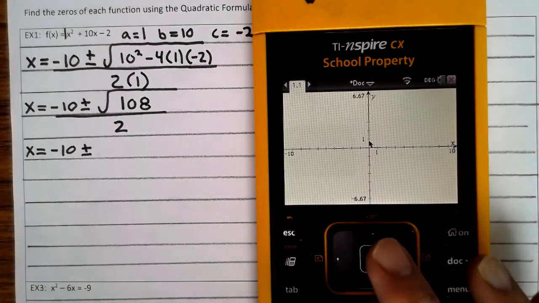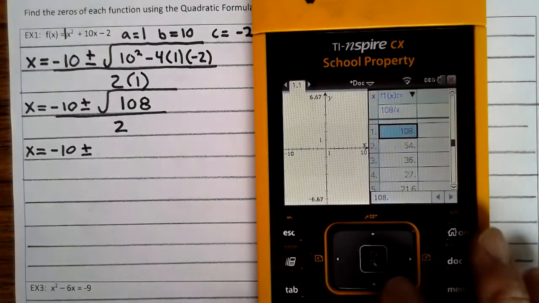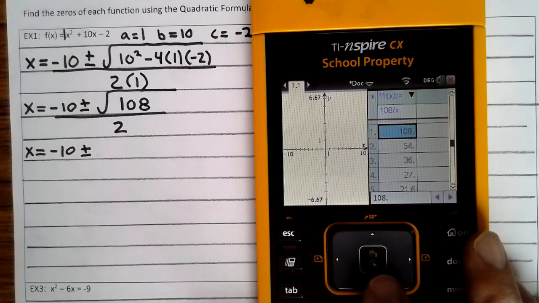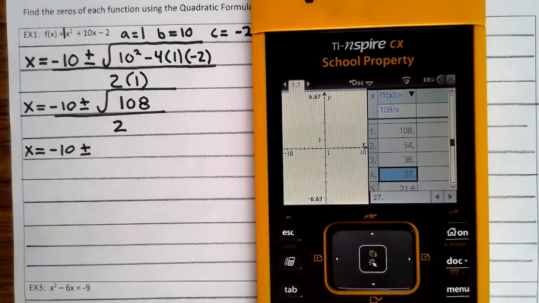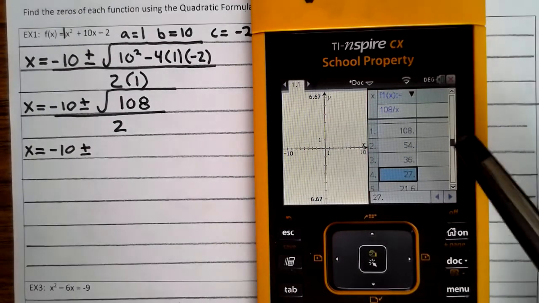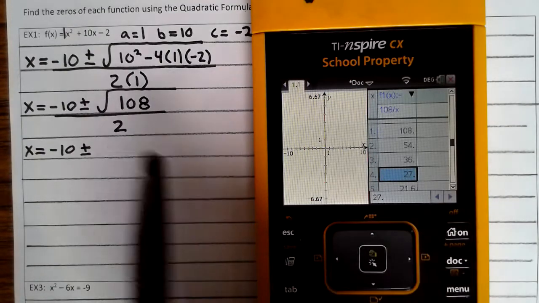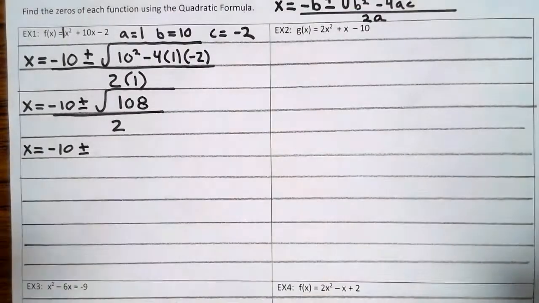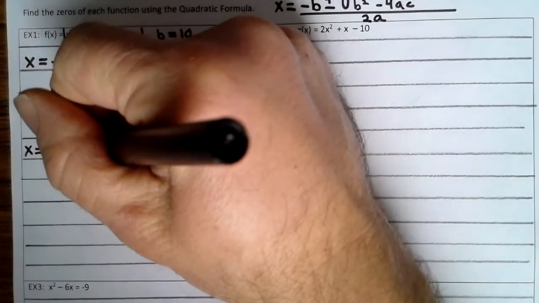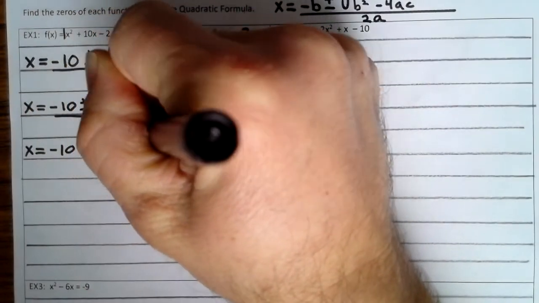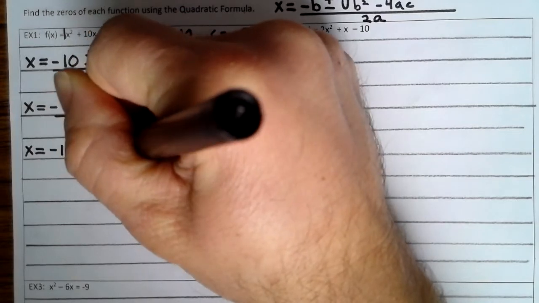So the first perfect square is 4, and you can see here that 108 divided by 4 is 27. So we can write 108 as a product of 4 times 27.